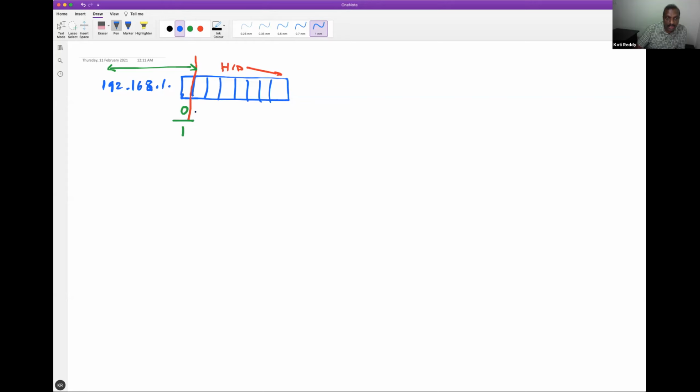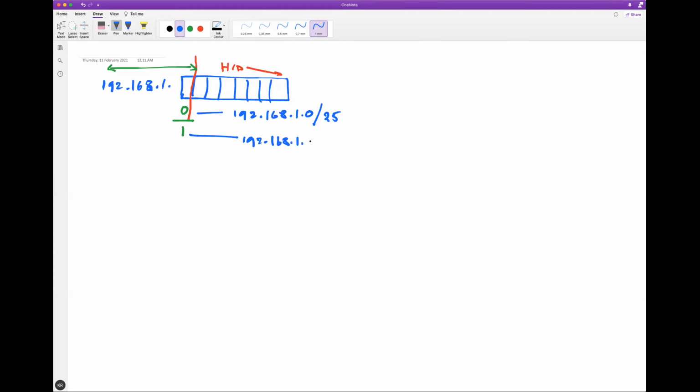What's the first network I get now? If I take 0, it is 192.168.1.0/25, right? Correct. What's the second network ID? 192.168.1.128/25. These two network IDs I get, right?